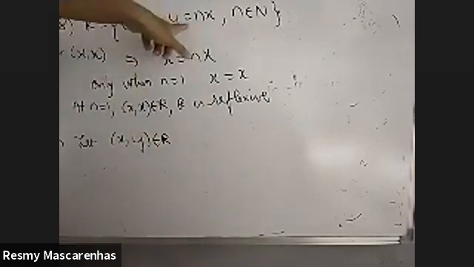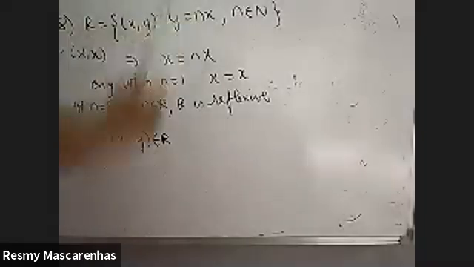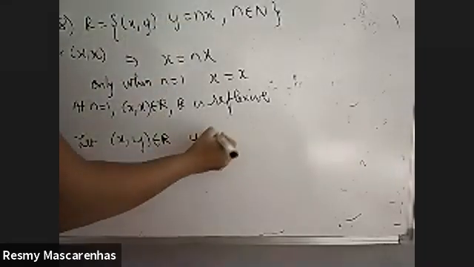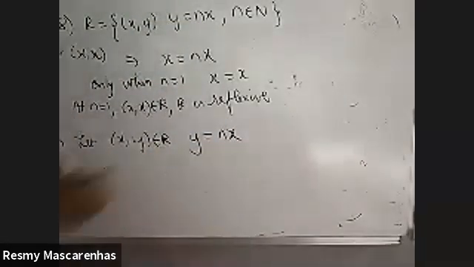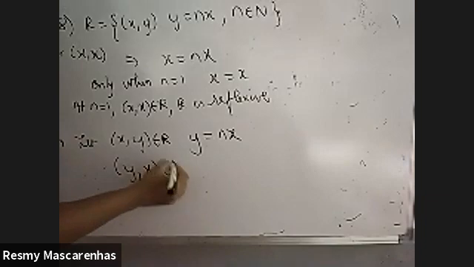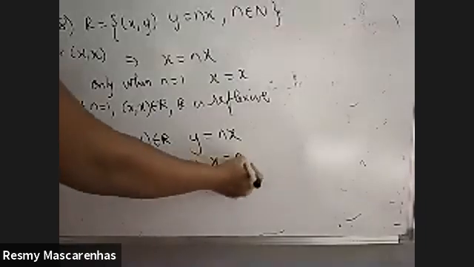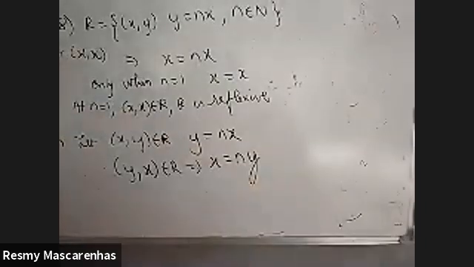So first, what is given for (x, y) belonging to R? y is equal to nx. Now we have to check the reverse side. So now (y, x) belongs to R. So what you will get? Reverse you have to check now. x will be equal to ny.